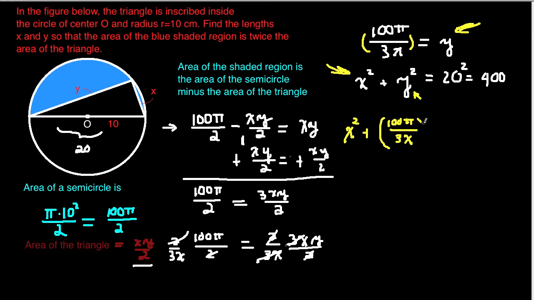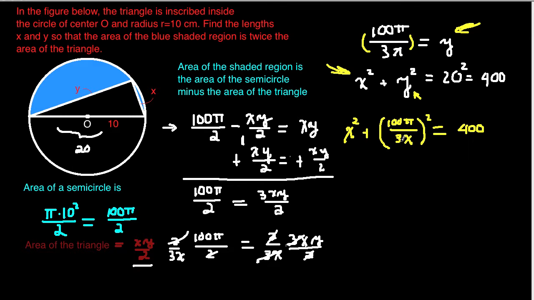So we have this squared, and this is equal to 400. Now this is starting to get where I want it to be, except what's a problem is I have x squared here, and then here I have an x in the denominator of this fraction, and this is preventing me from solving for x.